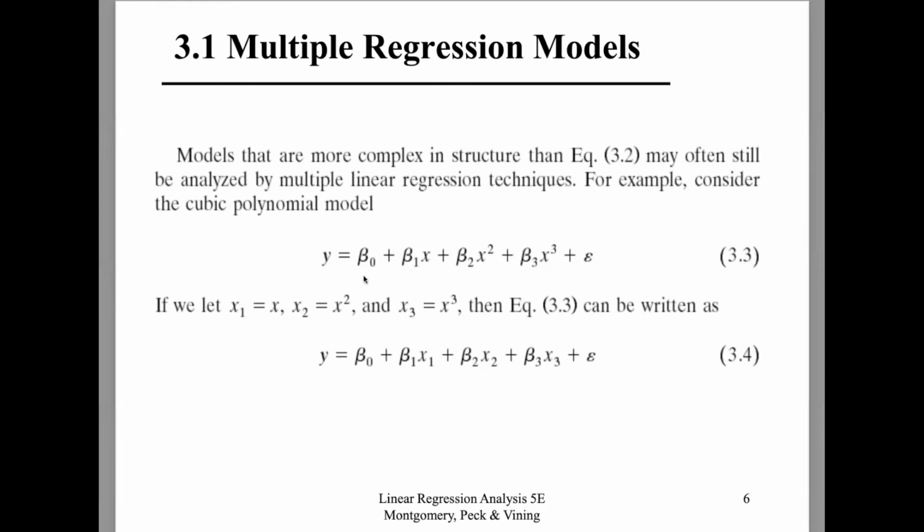But again, in terms of the parameters, in particular the coefficients beta 1, beta 2, and beta 3, those parameters enter the model linearly. Once we have values for x, and then we would have the values for x squared and x cubed, once those are given, then the parameters, because they're unknown, would have to be estimated. And it's from that standpoint that we consider this to be a linear model.